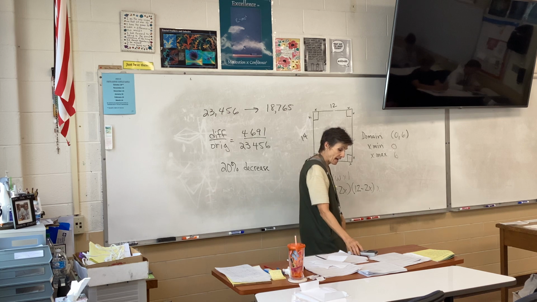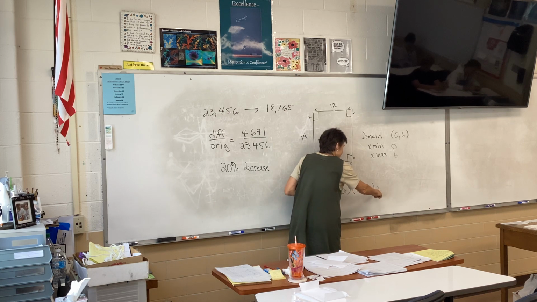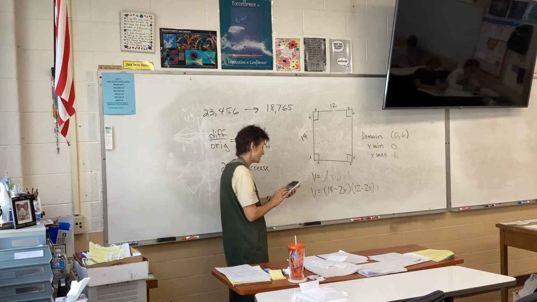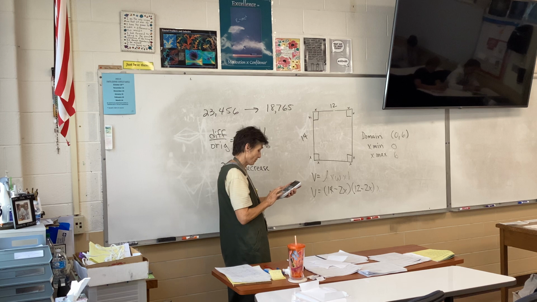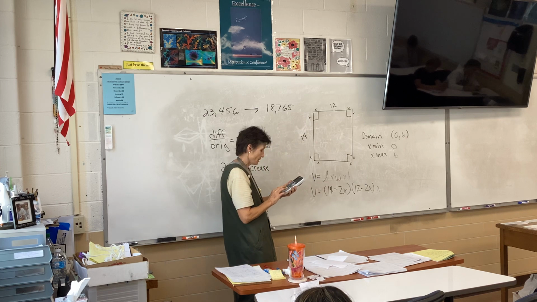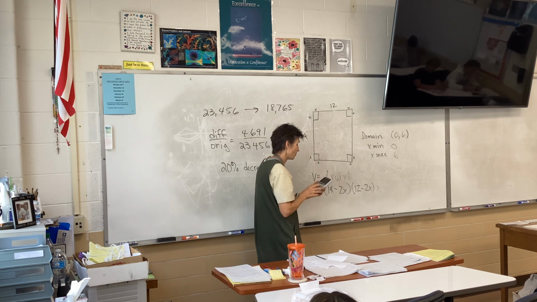Okay? Now, go to Y equals and type in exactly what I wrote here. Don't multiply it out. Type parentheses, 14 minus 2x, parentheses, 12 minus 2x, and x. And hit graph.